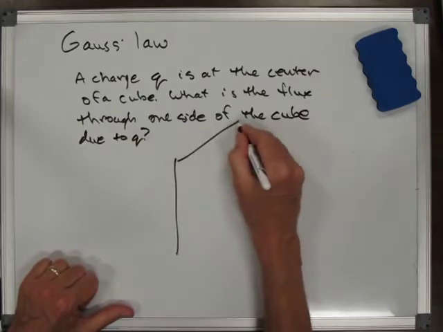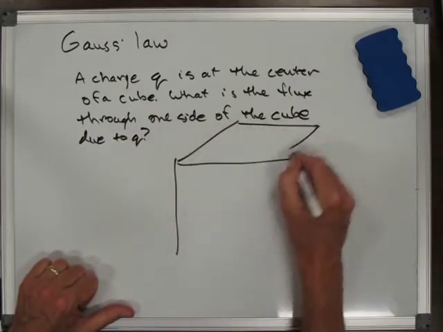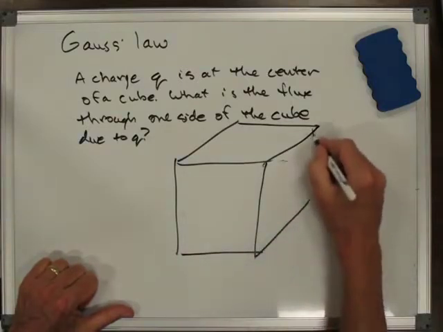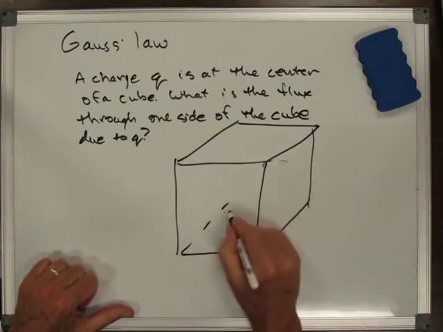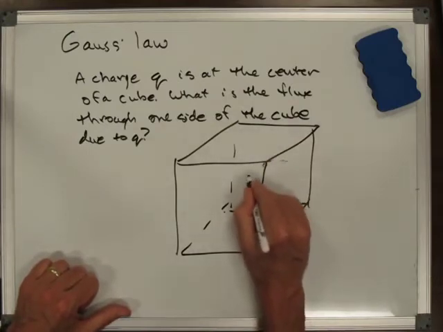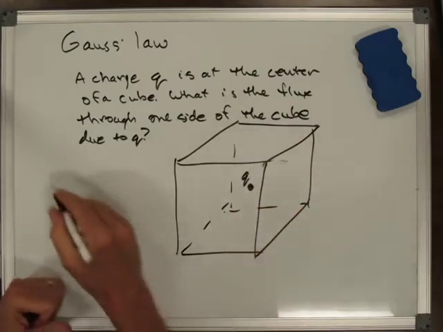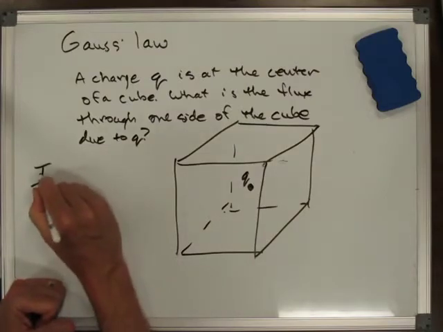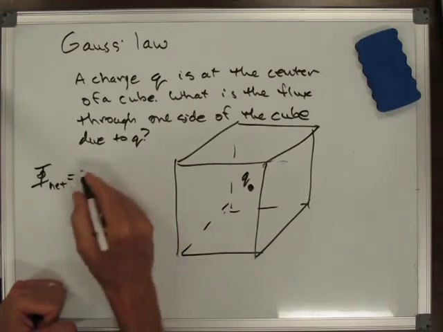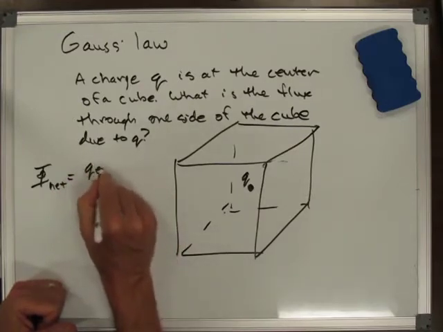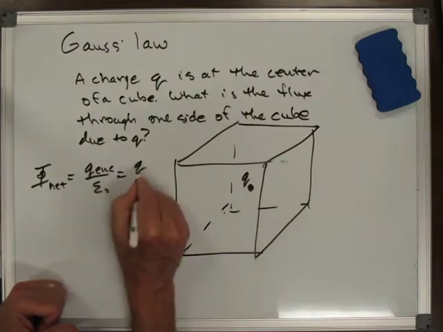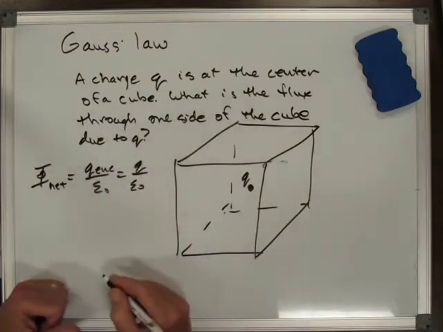And so here's my picture, right? I have a cube. There we go. Right, and I've got right in the center, I've got a charge Q, right? And so the overall flux is just Q enclosed over epsilon naught, which is just Q over epsilon naught, right?